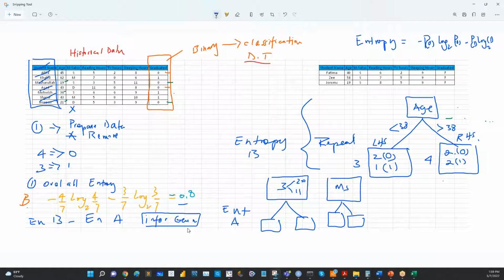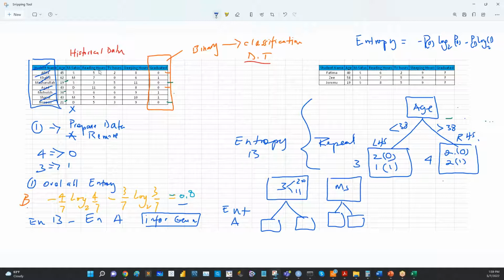Then we are going to calculate the entropy after, and subtract the entropy of splitting the left hand side on age from the entropy before.